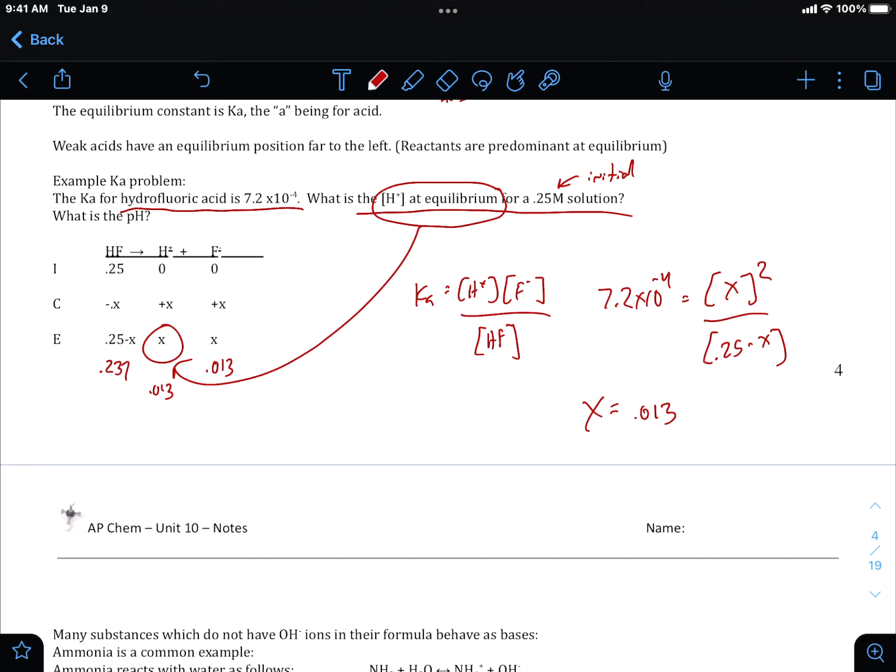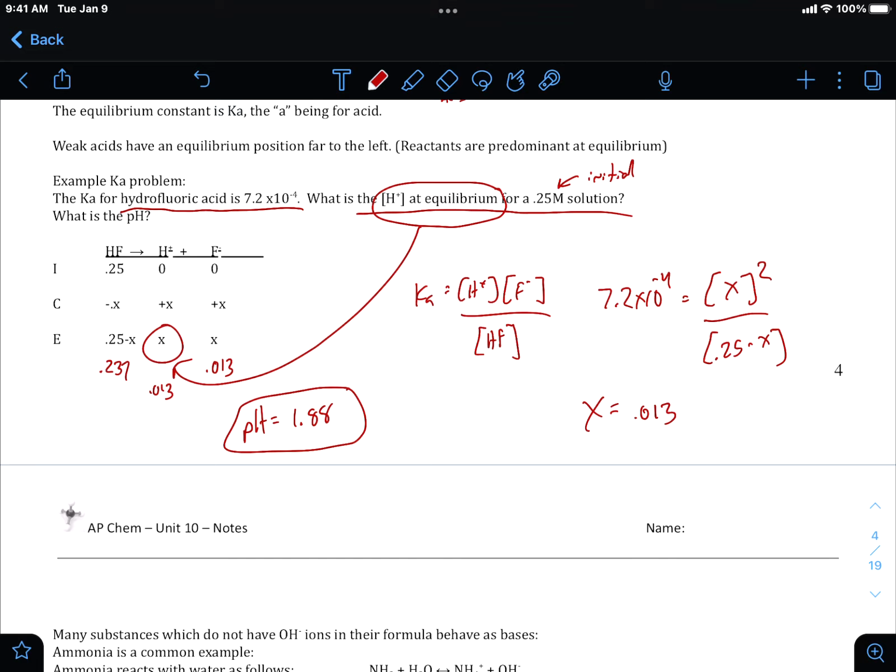If they want the H plus at equilibrium, usually they want the pH as well. So just go ahead and take the negative log of what you have for x. And our pH for this is going to be about 1.88.